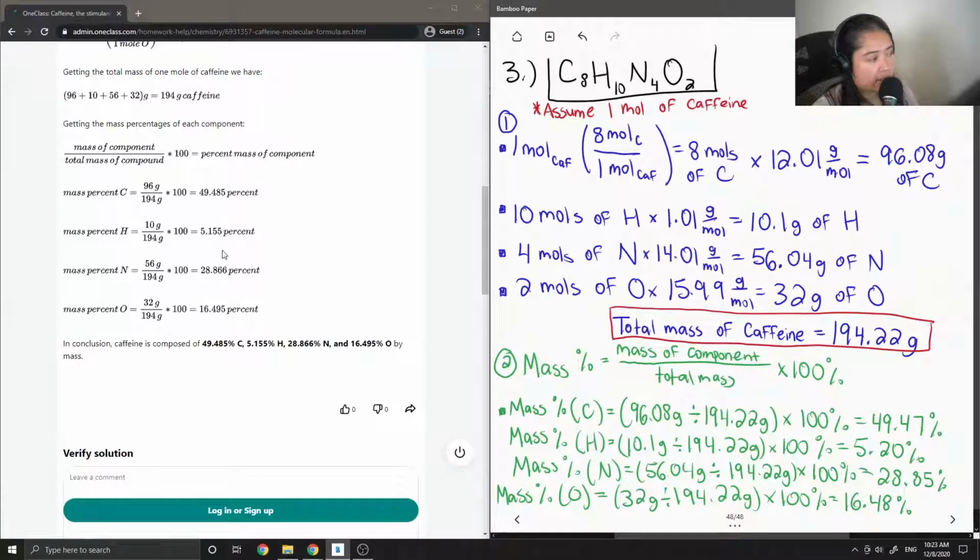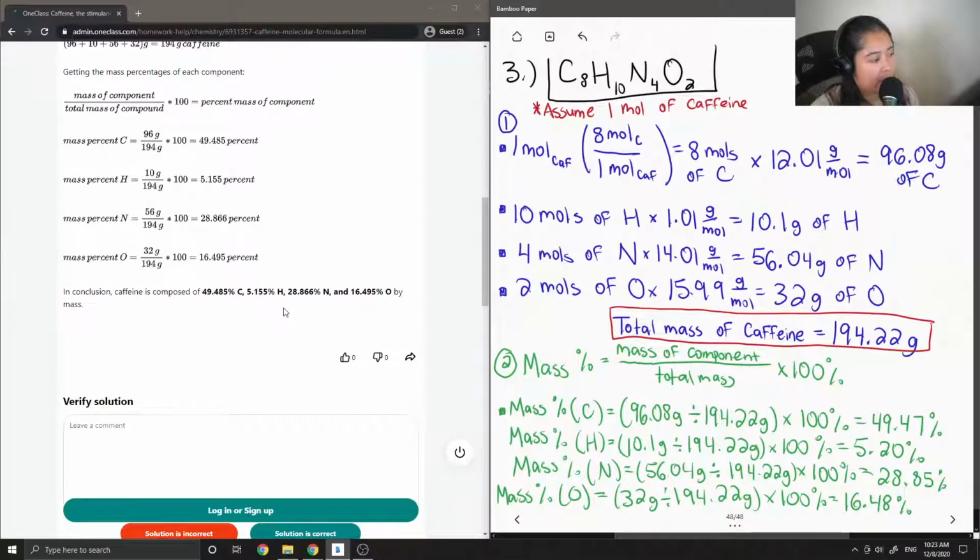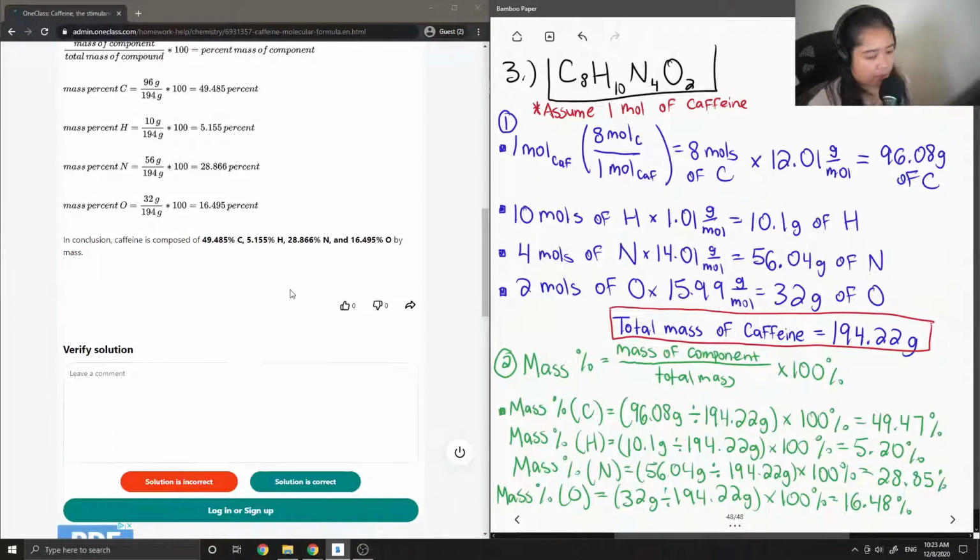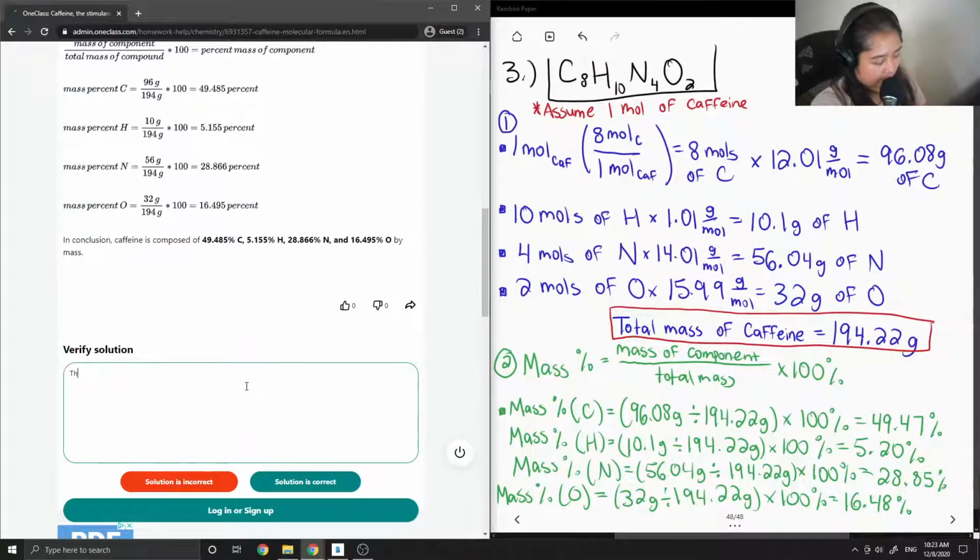For hydrogen, around 5.155, nitrogen 28.866, and oxygen 16.495. Yep, so pretty much the same as what I got as well. So this solution is correct.